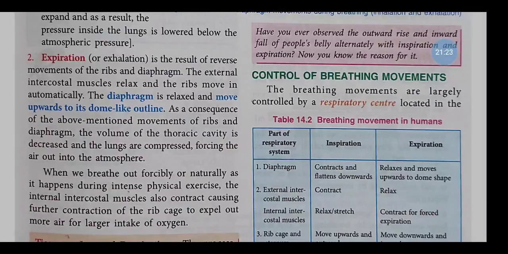When we breathe out forcibly, as it happens during intense physical exercise, the internal intercostal muscles also contract, causing further contraction of the rib cage to expel more air for larger intake of oxygen.